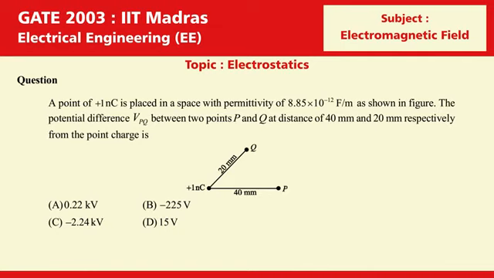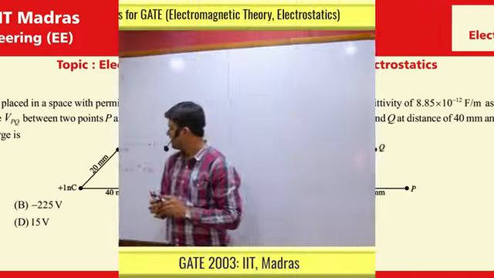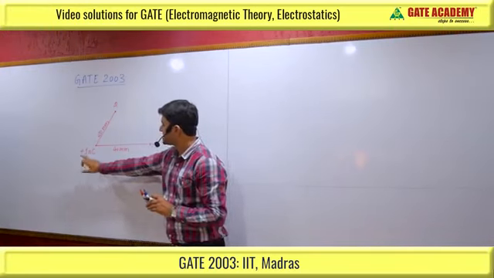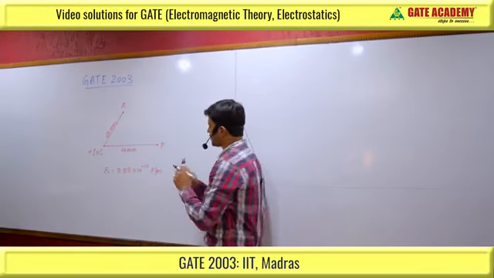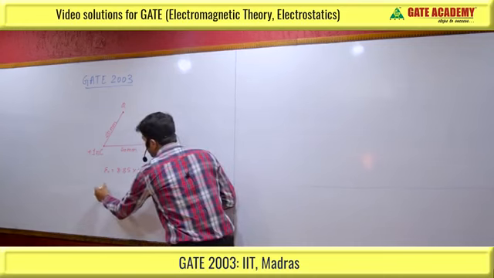The potential difference VPQ between 2 points P and Q at distance of 40 millimeter and 20 millimeter respectively from the point charge is: option A 0.22 kilovolt, option B minus 225 volt, option C minus 2.24 kilovolt, and option D 15 volt. So 1 nanocoulomb charge is placed here and we have to calculate the potential difference.